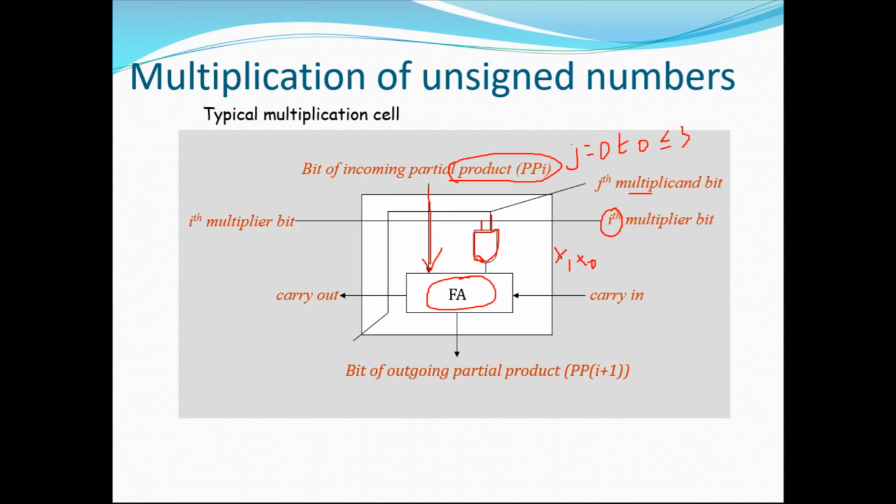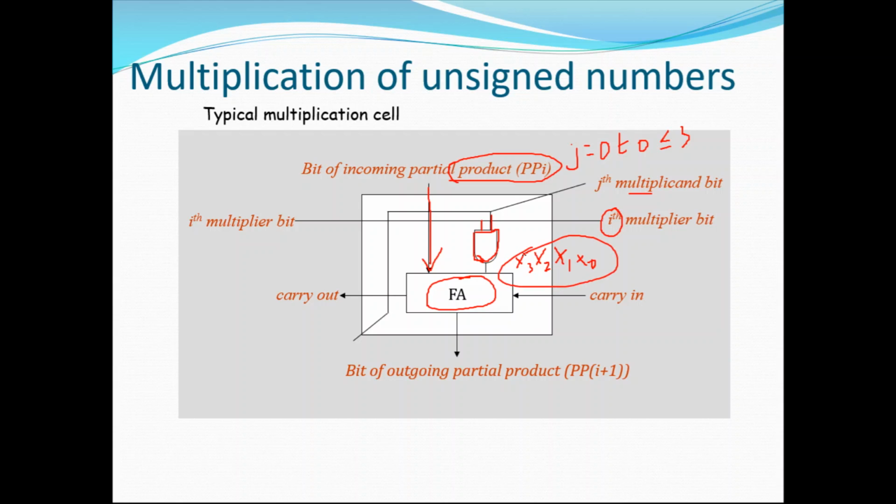Then the second bit of the multiplicand with the ith bit of the multiplier, perform AND, the result is x2. Then the third bit, the result is x3.